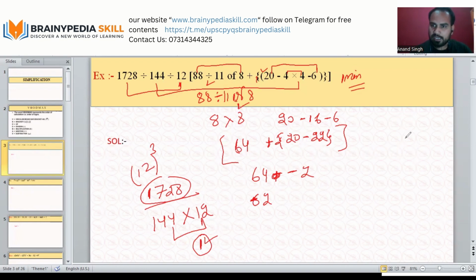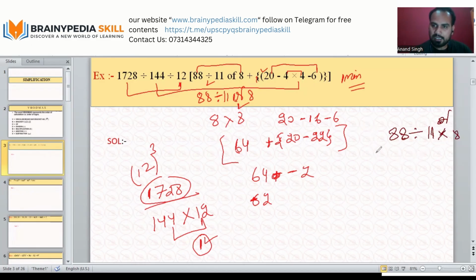So that is going to be 88 divided by 11, and for "of" we are going to write multiplied by 8.